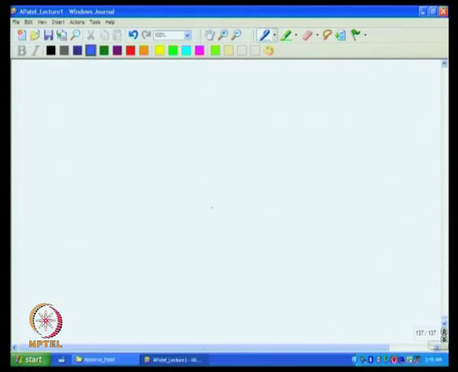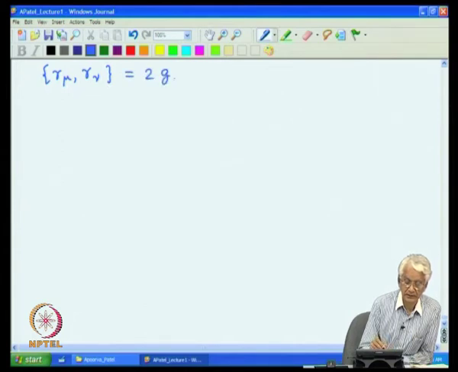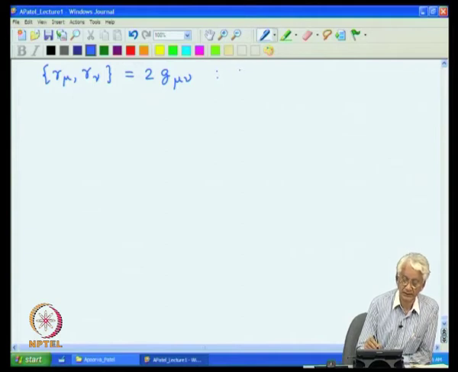Let us write down the various rules involved. One of them is this Clifford algebra relation, and I want to point out that this relation is dimension independent.